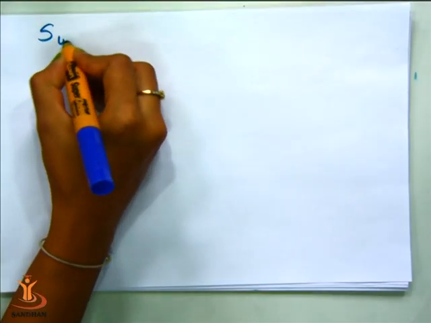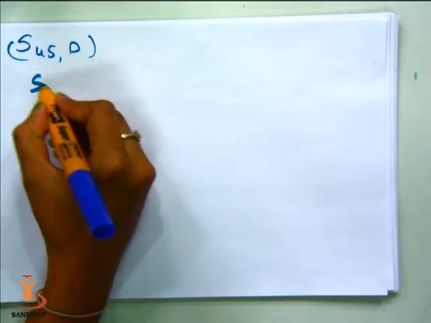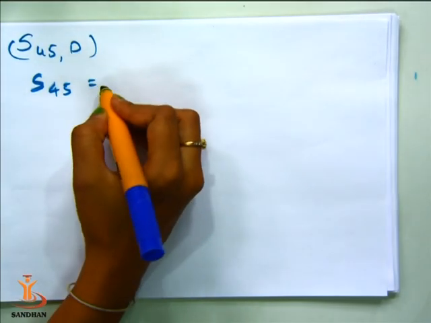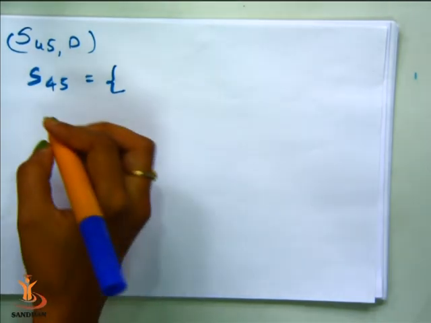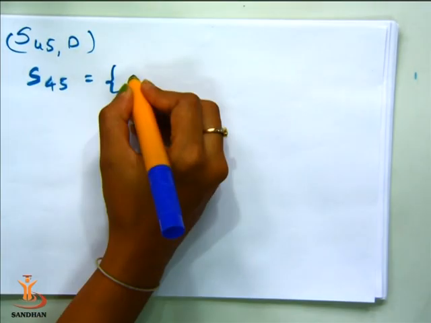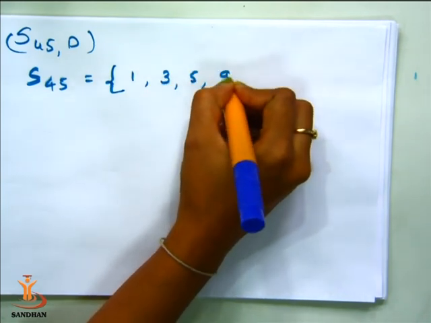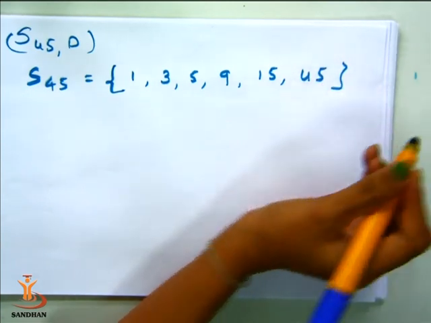Okay, so next example we draw for S45 with the divisibility relation D. So here our set is S45, and the divisors of 45 are 1, 3, 5, 9, 15 and 45.